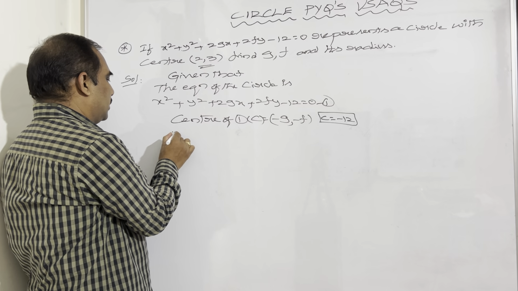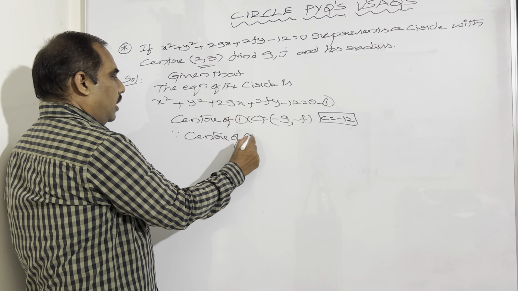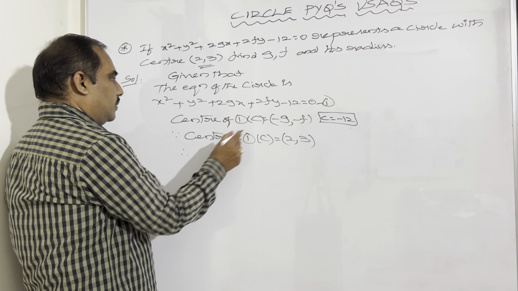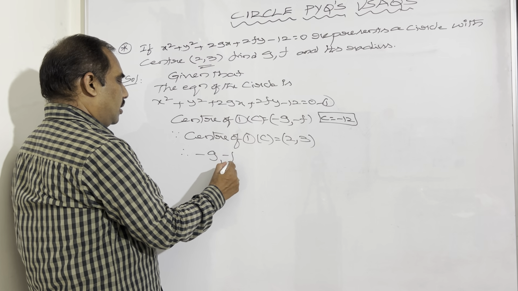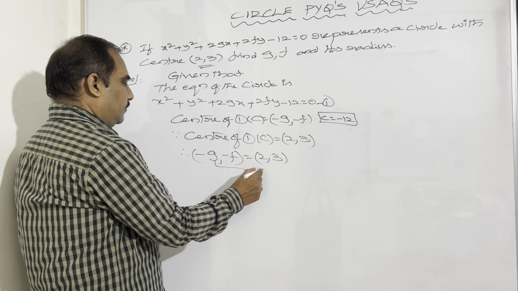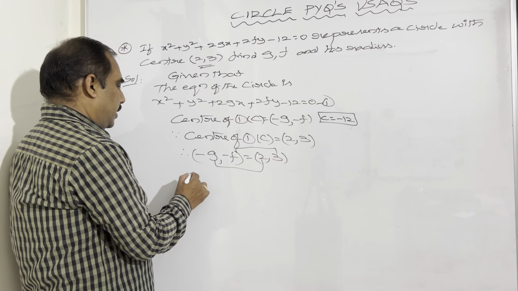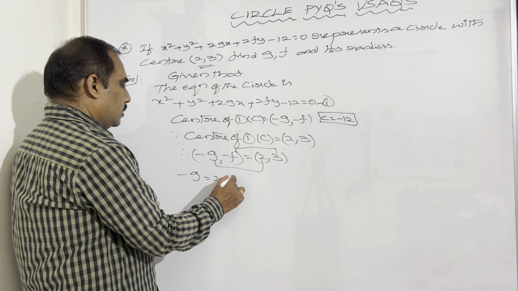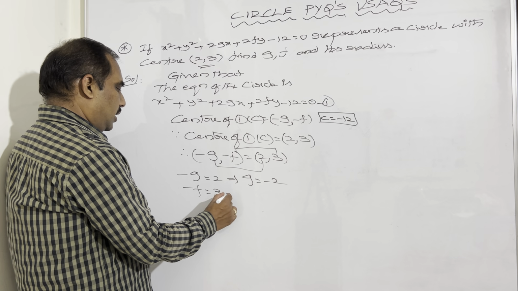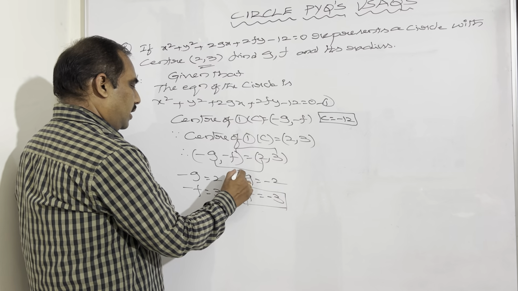Actually what is given is the center (2, 3). So equate both the centers: (−g, −f) is equal to (2, 3). The first component is equal to the first component and the second to the second: −g is equal to 2, which implies g is equal to −2, and −f is equal to 3, so f is equal to −3. So we get the g value and f value.